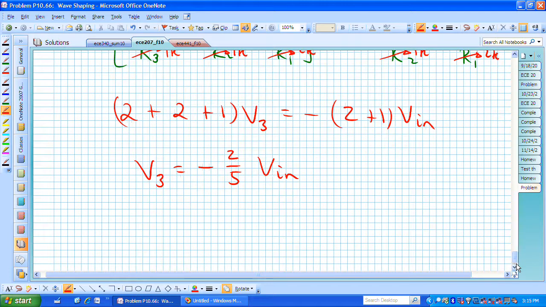And from our observation near the output, if we're looking at the output equation, if we look at KVL near the output side of this circuit that we've just redrawn, hopefully you can go back and see that minus V1 minus V0 is equal to 0.